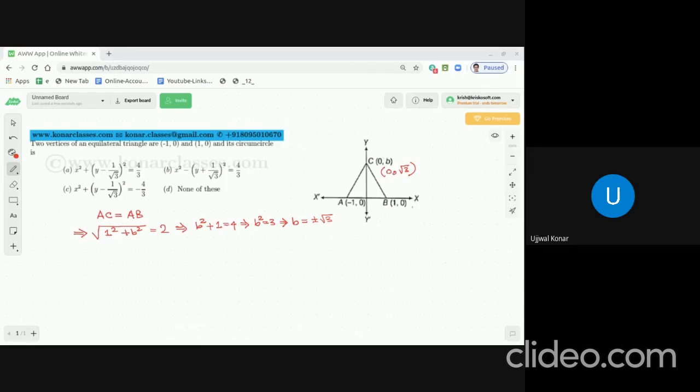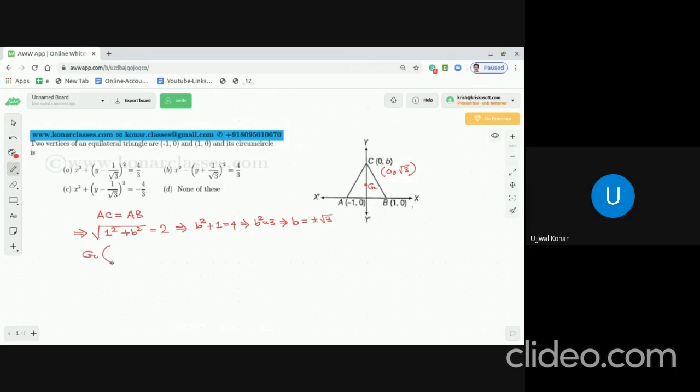Now, as the triangle is an equilateral triangle, the circumcenter is the centroid of the triangle ABC. So what is the centroid? Finding the centroid is pretty simple. If the centroid is at the point G, what is the coordinate of the point G?